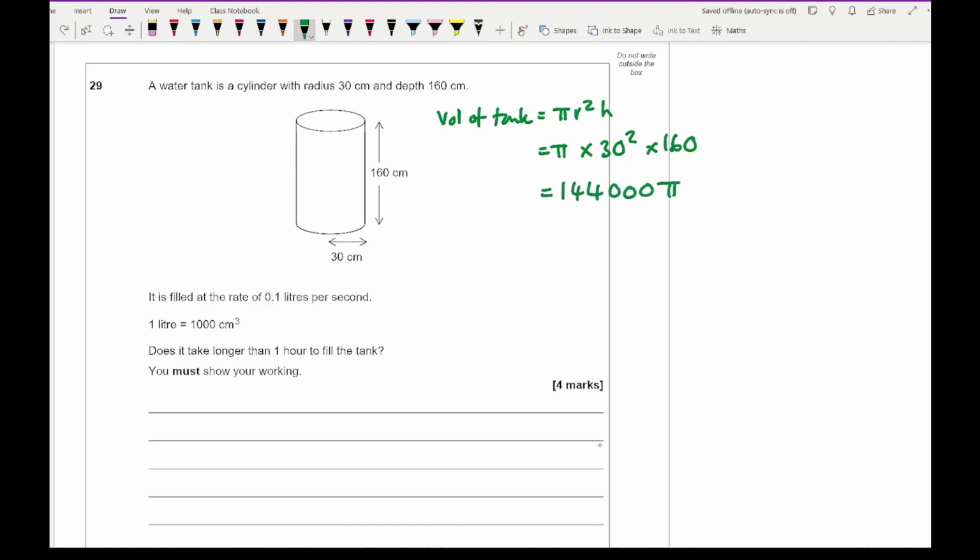I'm going to leave it in terms of pi. Now for this, I want to convert that into litres. So this is in centimetre cubed, so converted into litres, we divide by 1,000, in which I get an answer of 144 pi.